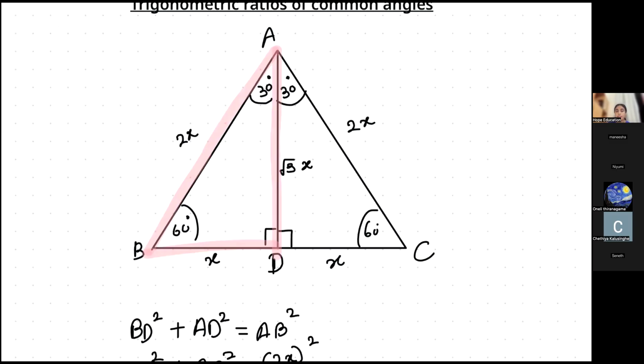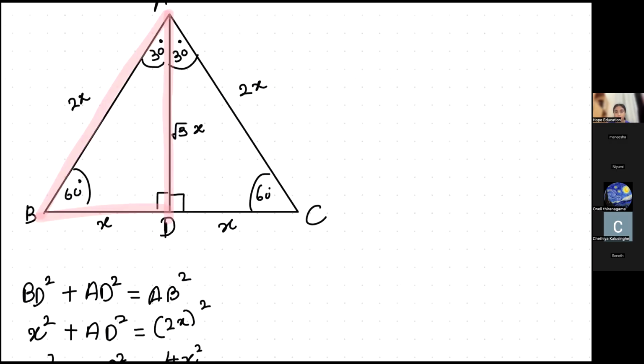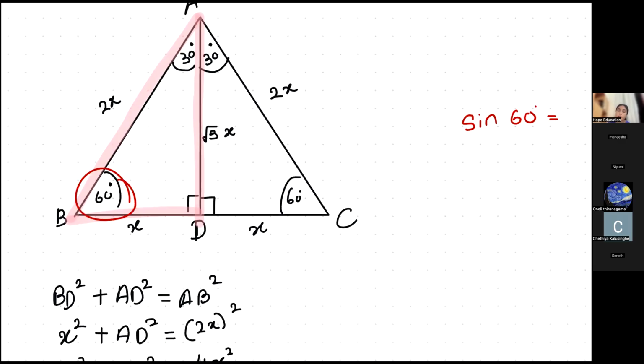This is 60 degrees. Let's look at sine 60. 60 is the value of this angle, no? Sine 60 means opposite side over hypotenuse. What is the opposite side? What is the side opposite to the 60 degree angle?